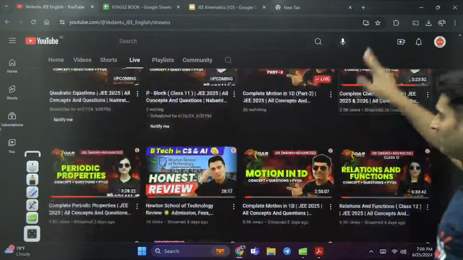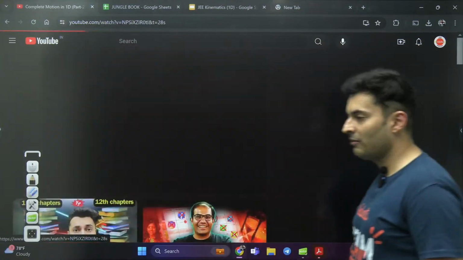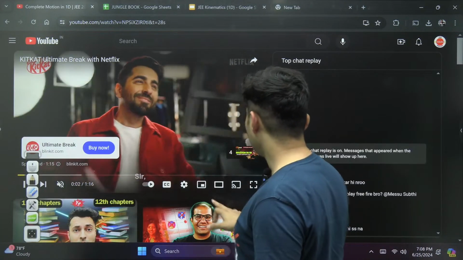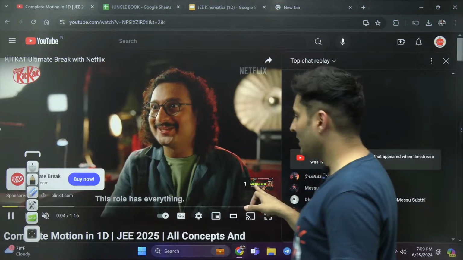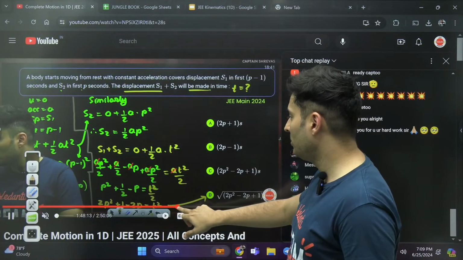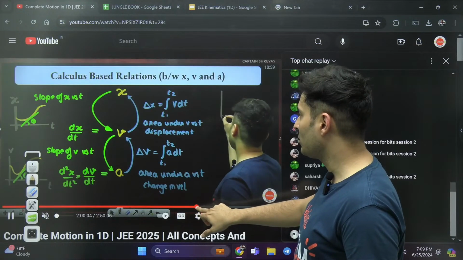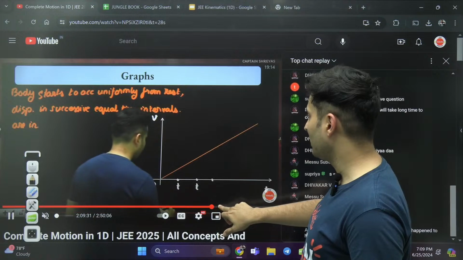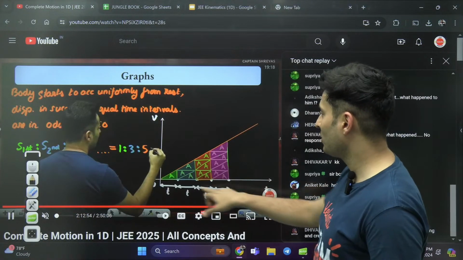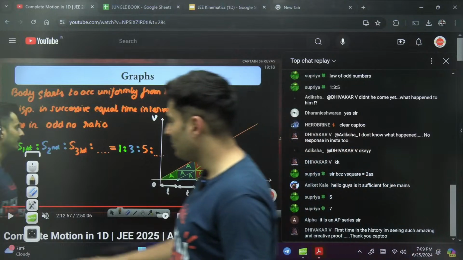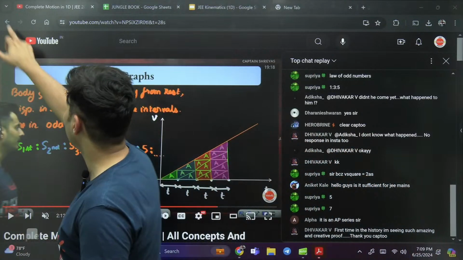You can open up the previous lecture, motion in 1D, and I have told you about this Galileo's ratio for all of you. You can check this out. I've done the beautiful derivation also for that. Where did it go? It's somewhere in this particular lecture. Yes, over here. See, this was the proof which I did. 1:3:5:7. You can check that out. It's a beautiful proof. Okay, you're going to enjoy it.